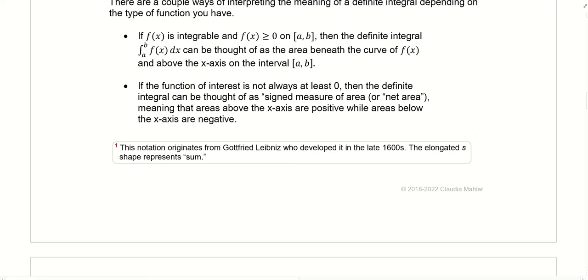It's this elongated S shape to represent that sum, that idea of summing an infinite number of areas. He had this idea of the infinitesimal. It's not quite the same as we understand it now, but it's that basic idea of taking a limit of that Riemann sum idea, which I think is kind of cool, that this notation is still used and has been used since it was first introduced in the 1600s.